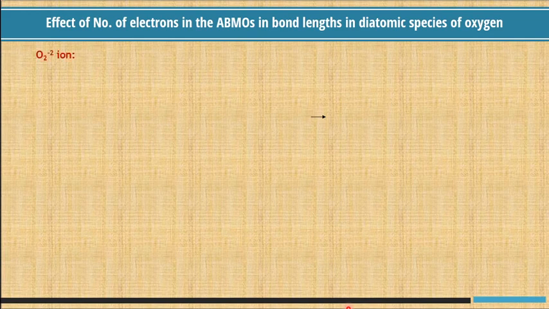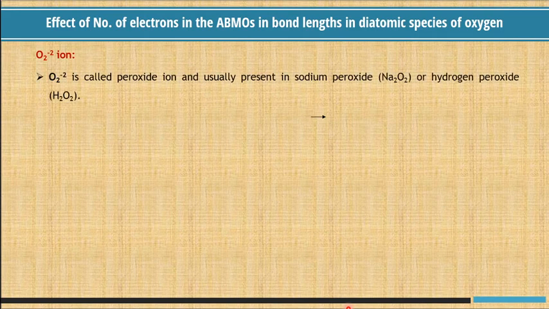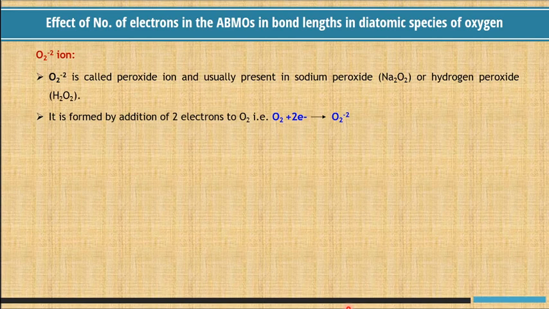Let us consider another ion, that is the O2 2 minus ion. O2 2 minus ion is called the peroxide ion, and it is usually present in sodium peroxide or hydrogen peroxide. It is formed by the addition of 2 electrons to oxygen, that is O2 plus 2 electrons gives the O2 2 minus ion.